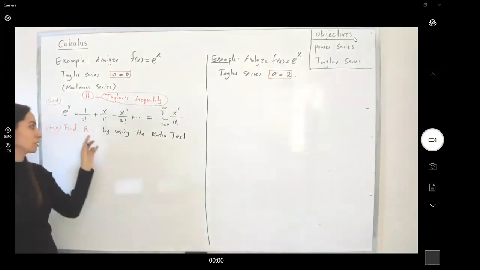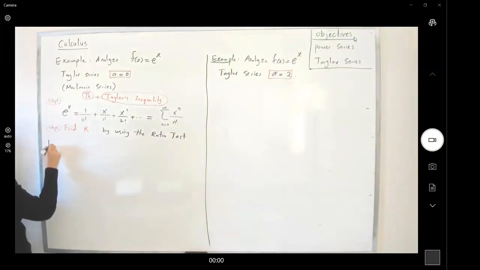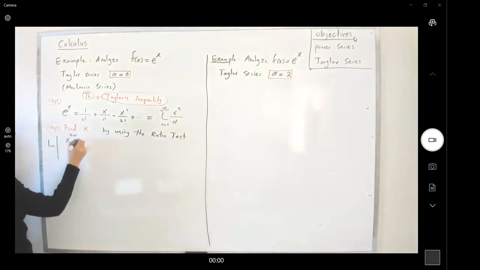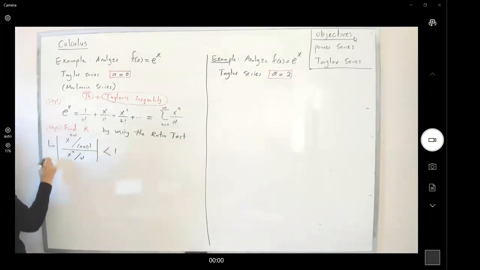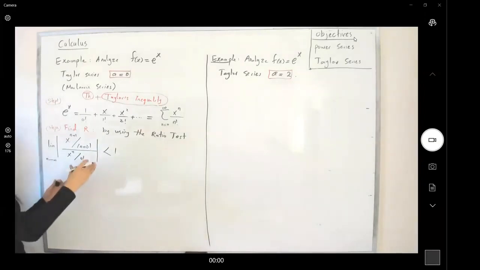Whenever you want to find the radius of convergence, you have to use the ratio test. The ratio test tells us the limit of the absolute value of a sub n plus 1 divided by a sub n must be less than 1. So you have x to the n plus 1 divided by n plus 1 factorial, divided by x to the n over n factorial. This must be less than 1 while n goes to infinity. This is our ratio test, the general form. Now we need to simplify the limit on the left side.